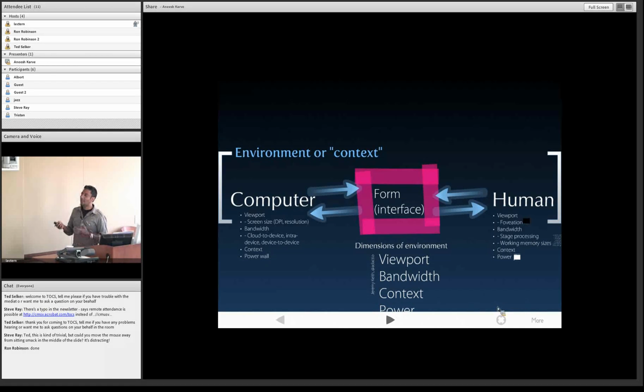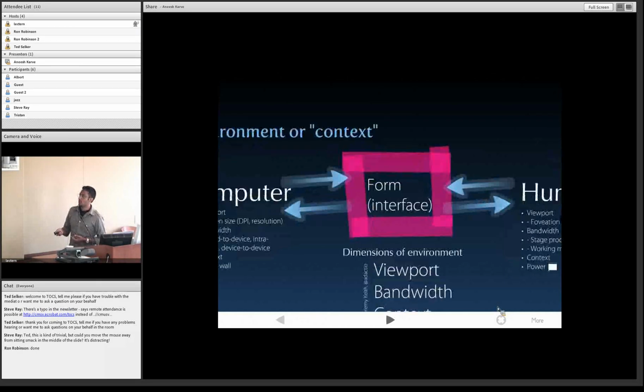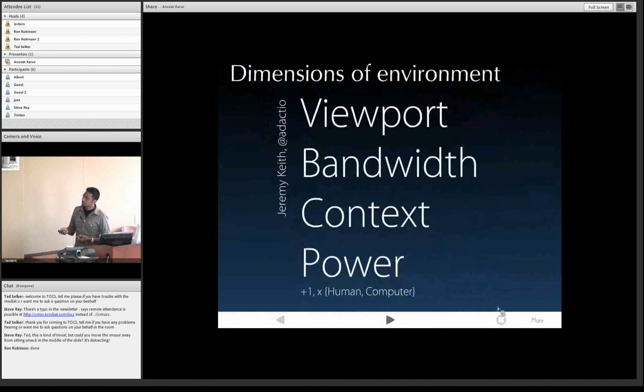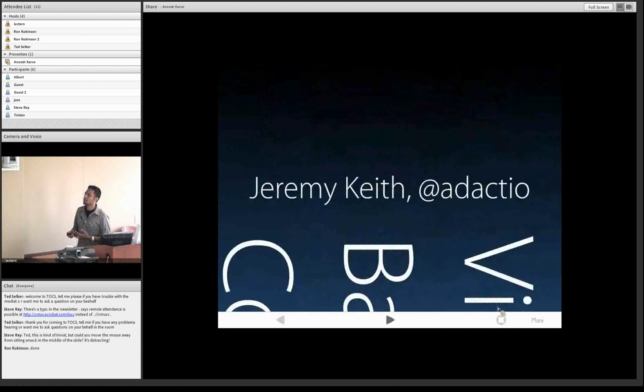So to put this all together, the idea here is that the interface is a form. And the forces that are acting upon it are the forces of the computer, which have these same four fundamental dimensions: viewport, bandwidth, context, and power, and the human-side constraints. And I want to talk a little bit about each one of these, noting that the dimensions of the environment, which we've talked about already, viewport, bandwidth, and context, were introduced to the blogosphere by Jeremy Keith.